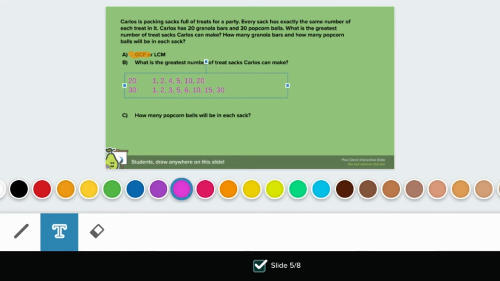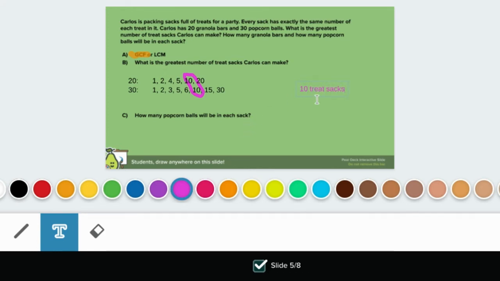The largest number that is the same is 10. So that means there can be 10 treat sacks.